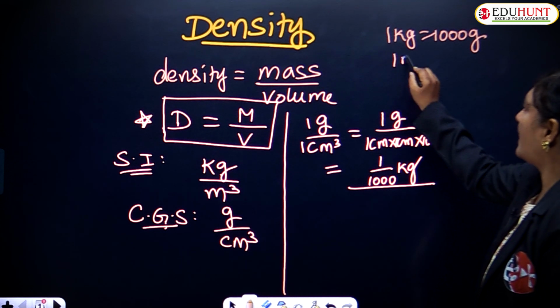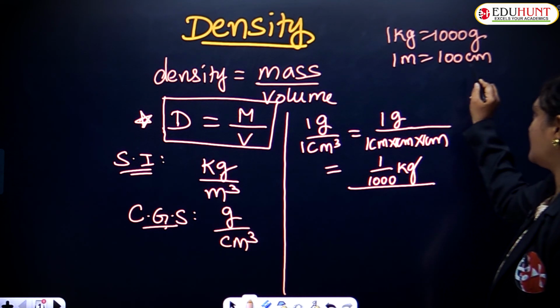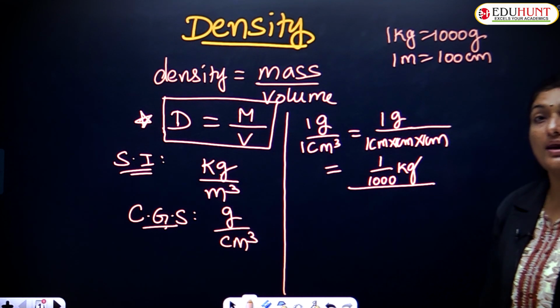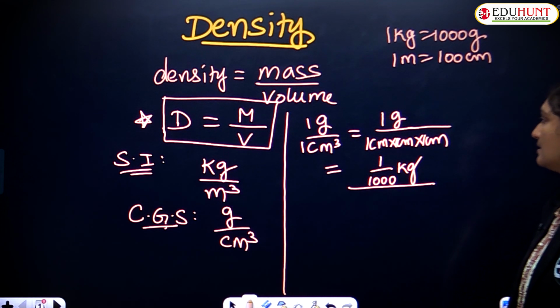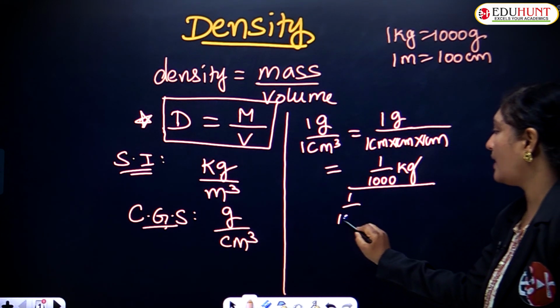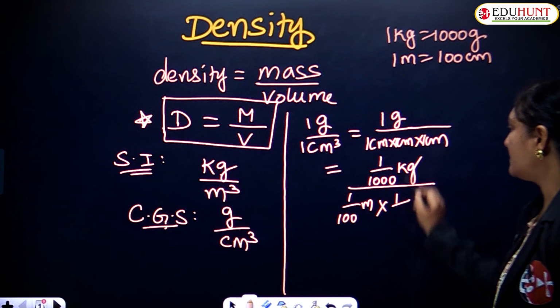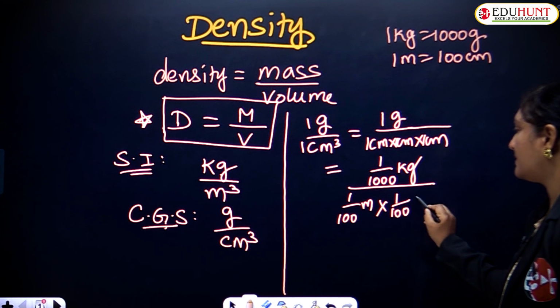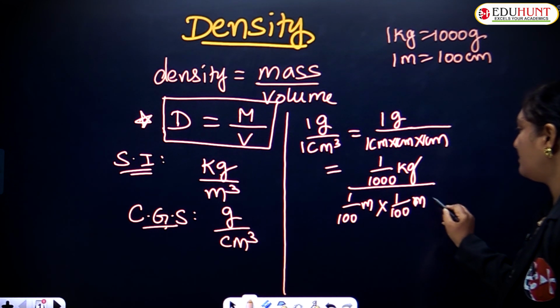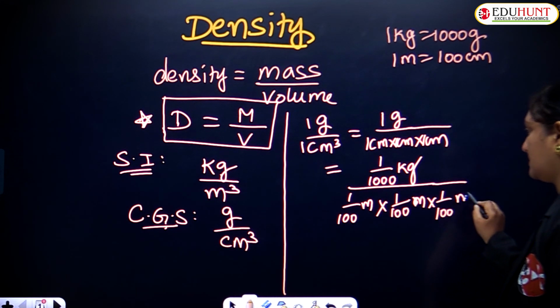As we know that 1 meter is equal to 100 centimeters, 1 centimeter is equal to 1 by 100 meters. So, instead of each centimeter, I can write 1 by 100 meters, 1 by 100 meters and again 1 by 100 meters.